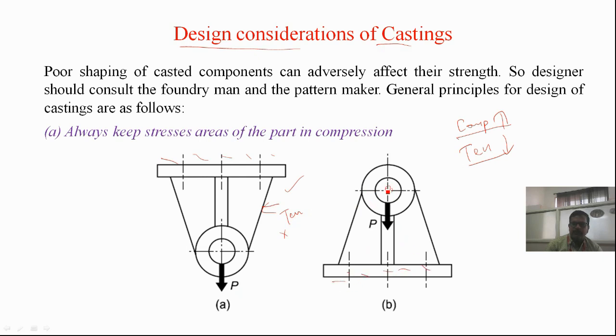That means there is a shaft going through this, and the load acts in the downward direction, so this member is subjected to compressive load. Because cast products have higher compressive strength, it is better to use this way rather than that way. This is wrong and this is right for a cast product.